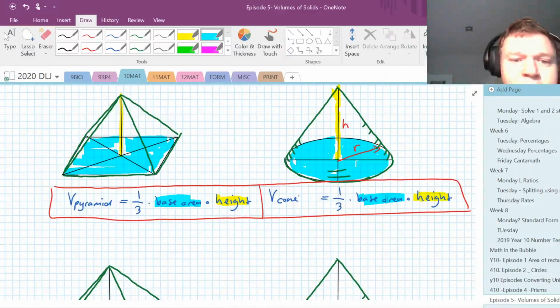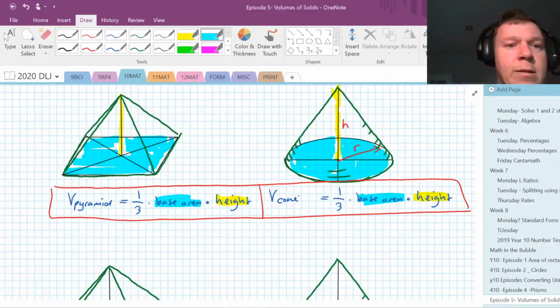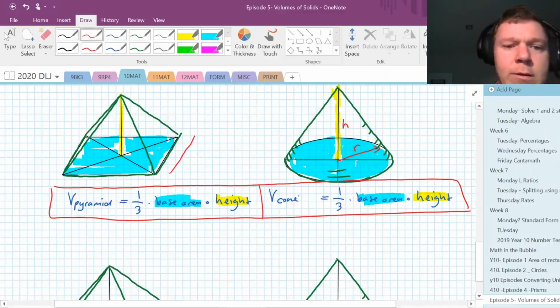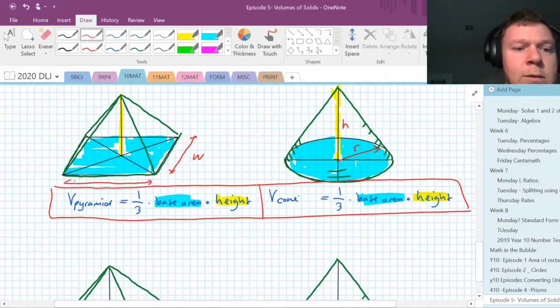So the base area is the width times the length.